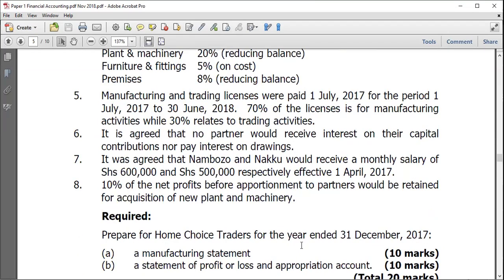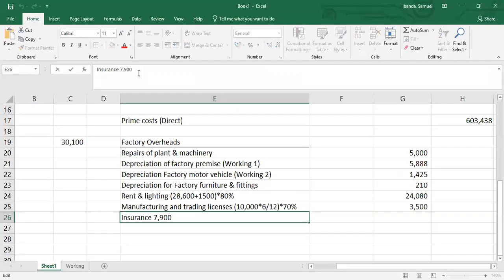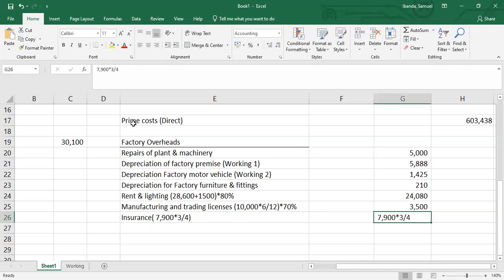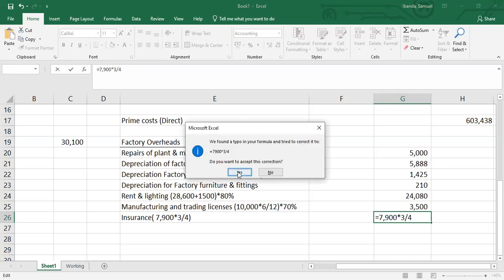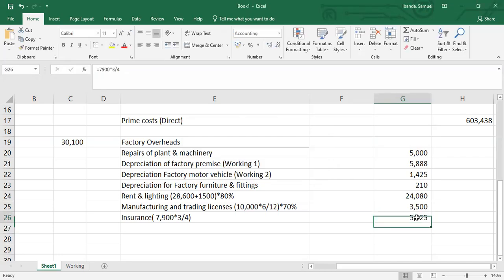So once I come here, I'll put my insurance, get this 7,900 in bracket, and multiply this by 3 out of 4. I hope everyone knows how we got the 3 out of 4, and that's how you would calculate it in the exam. In case they also give you something on sales, then you also find ways of how to manage it.